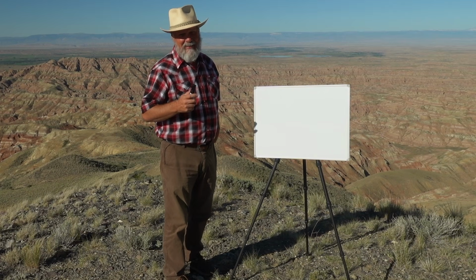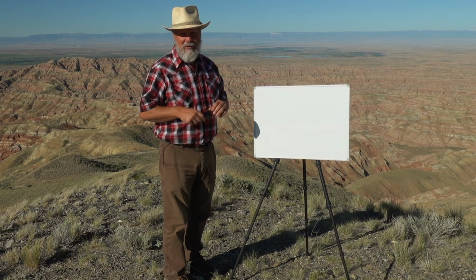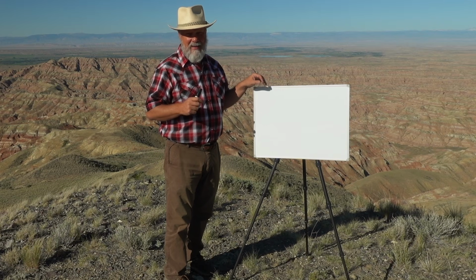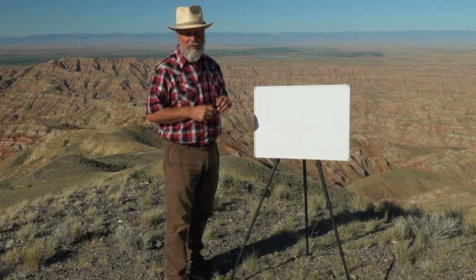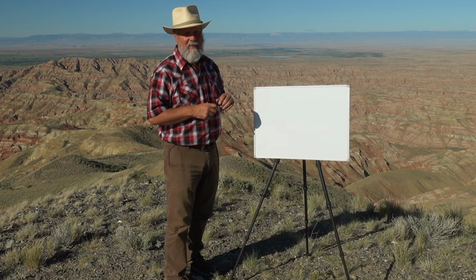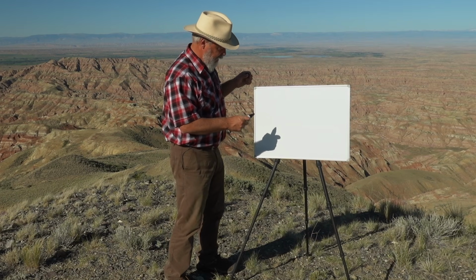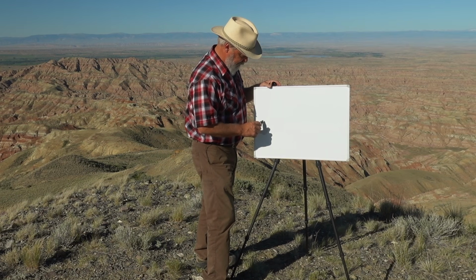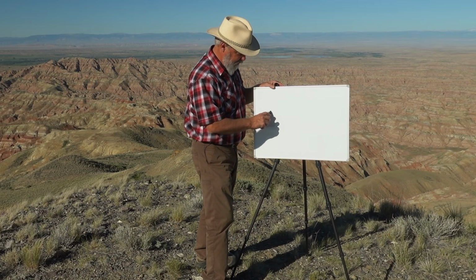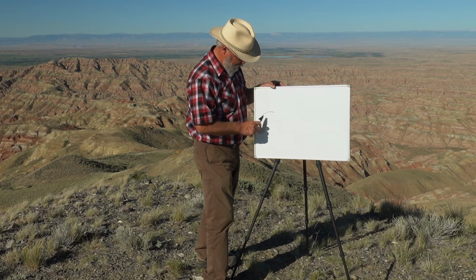Okay, so as I talked, the uplift of the mountains, the Rocky Mountains, what we call the Laramide uplifts, or orogeny, we use the word orogeny for mountain building events, occurred about 65 million years ago. And so I'm going to draw the mountains, the Bighorn Mountains here, I'm going to exaggerate this to make my point.